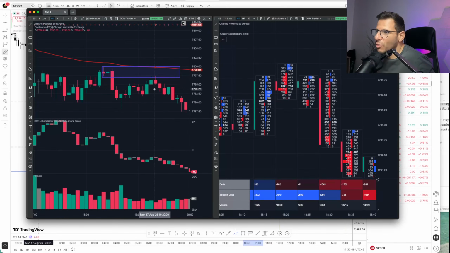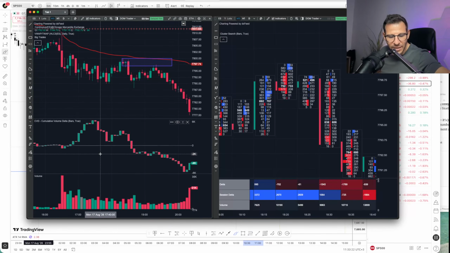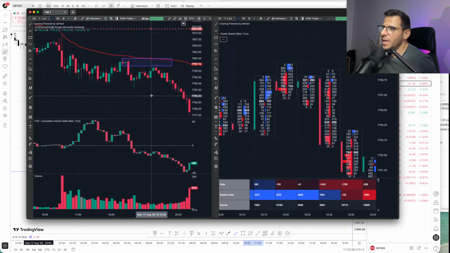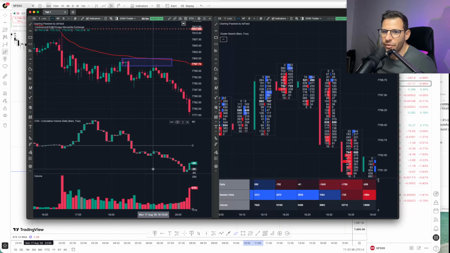How do we know that the market is driven by selling pressure? There is an indicator. It's called cumulative volume delta, and we can apply it on this platform and get the information of how buy and sell orders are exchanging in real time.